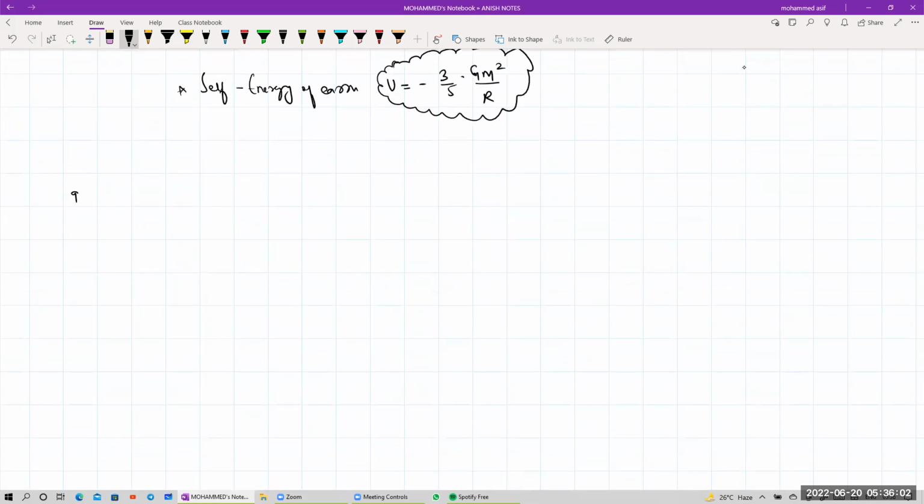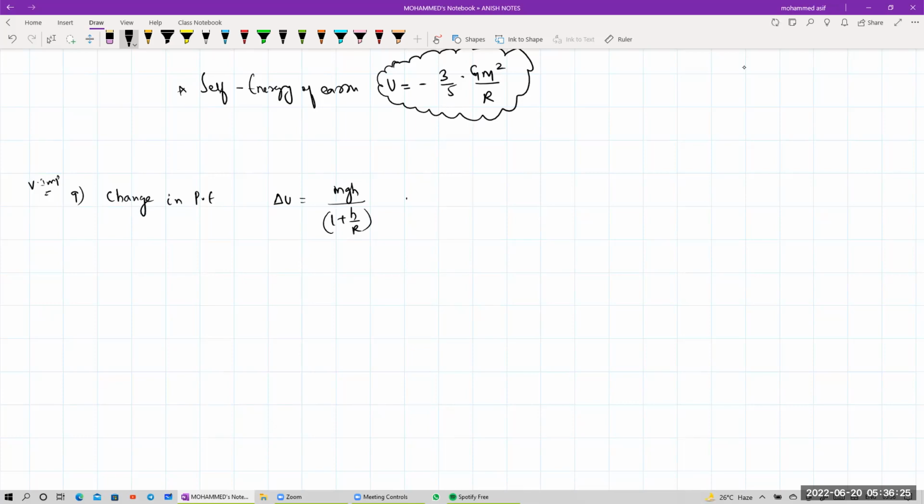The next one is a very important shortcut for your numericals. How do you calculate change in potential energy? Change in potential energy is given by delta U equals mg h divided by 1 plus h divided by r.